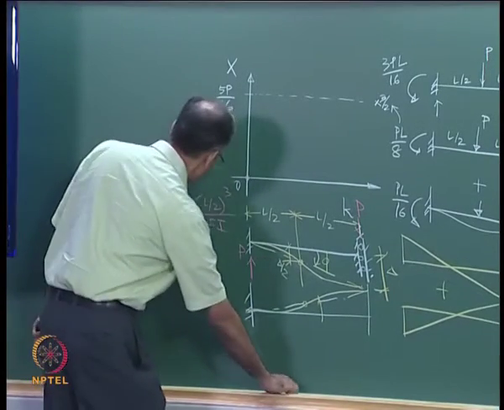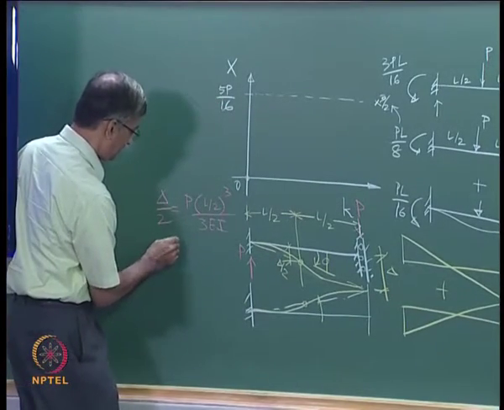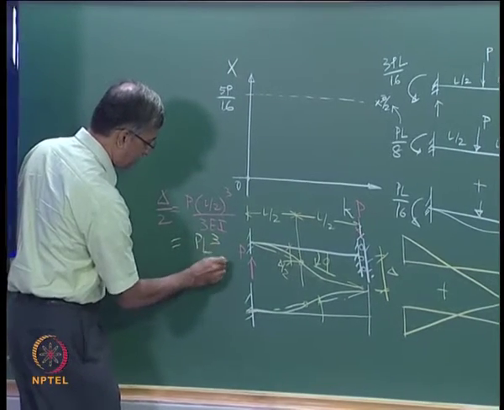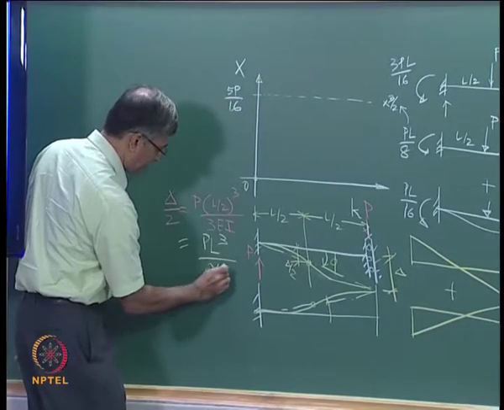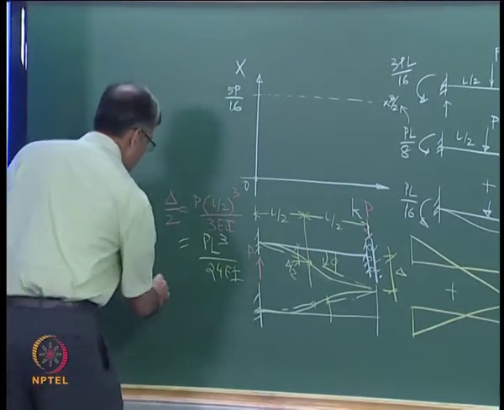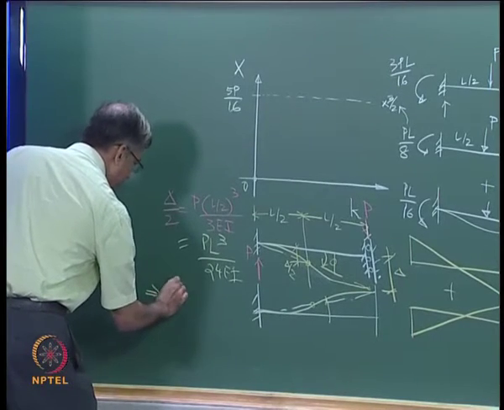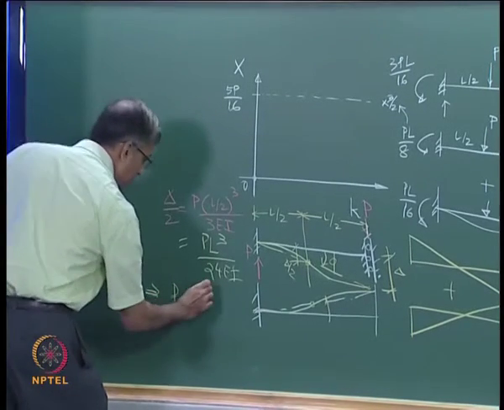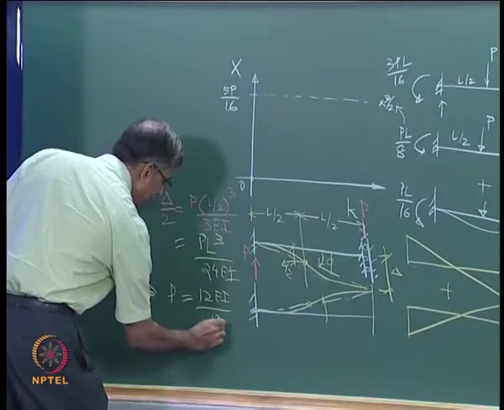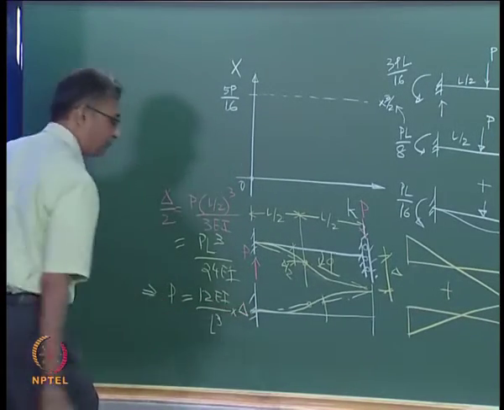So this turns out to be, remember this is PL cubed by 24 EI, or you can say P is equal to 12 EI by L cubed into delta.